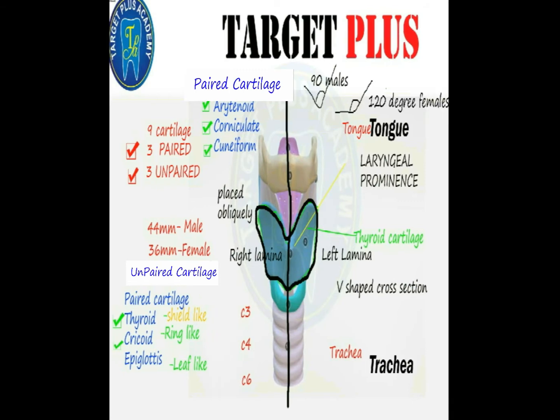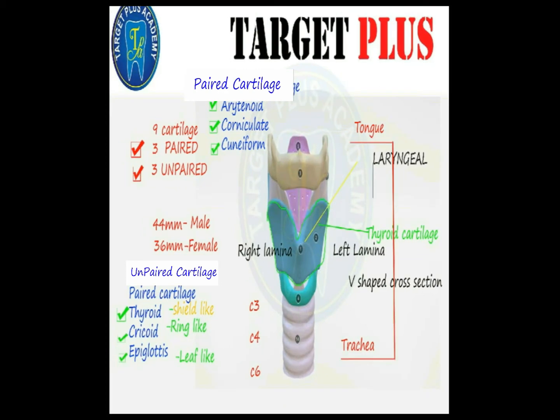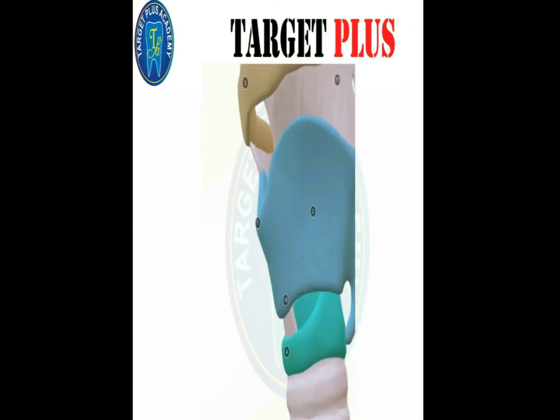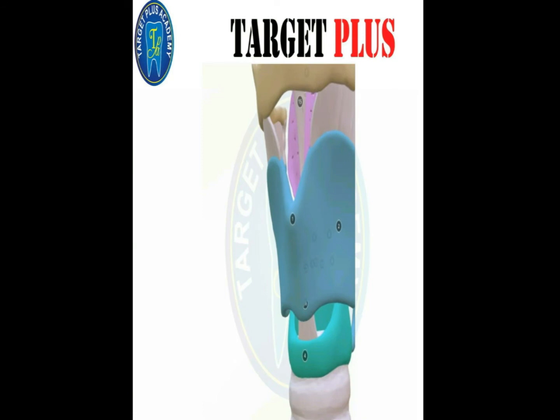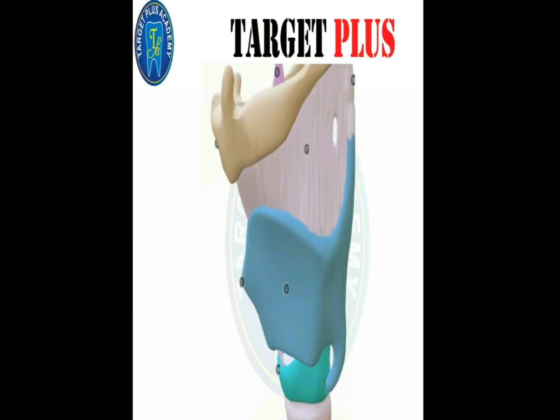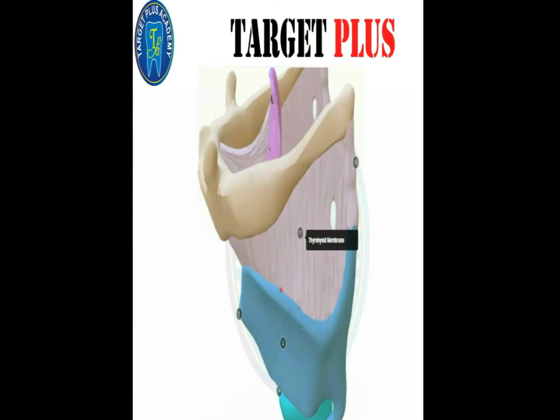Now the lower part of the anterior borders of the left and right laminae fuse and form a median projection known as the laryngeal prominence. So this number 1 represents the laryngeal prominence. Now there are superior and inferior cornua. The superior cornu is connected with the greater cornu of the hyoid bone by the lateral thyroid ligament.